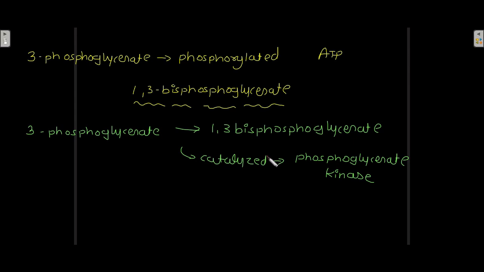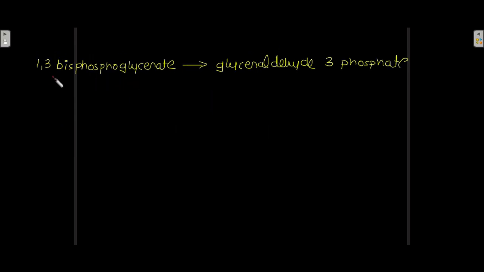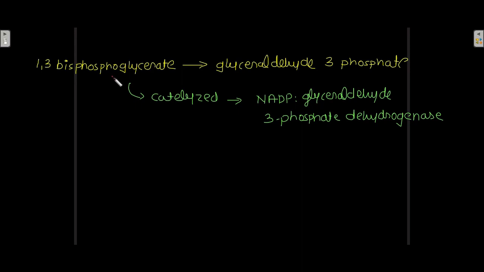After that, 1,3-bisphosphoglycerate is reduced to glyceraldehyde 3-phosphate, and this reduction is catalyzed by the enzyme NADP glyceraldehyde 3-phosphate dehydrogenase.